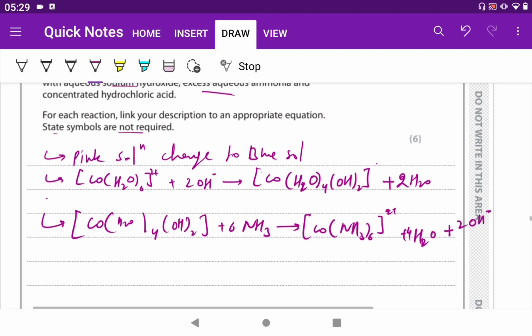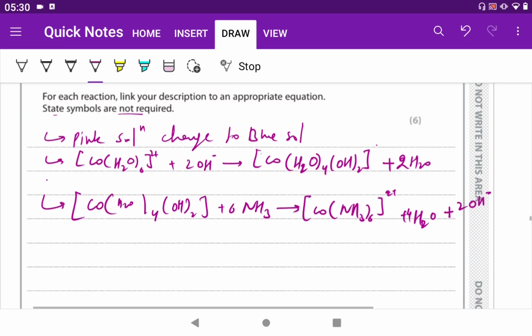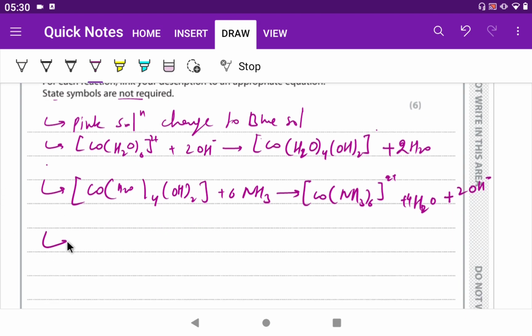And now we are adding concentrated HCl, which forms dark blue solution. Okay.